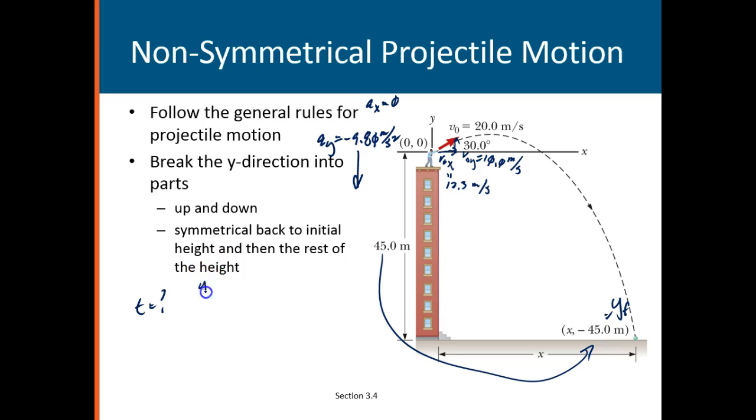How about y final, which we know, right, is equal to y initial, which we know, plus v y initial times t plus 1/2 a y t squared.